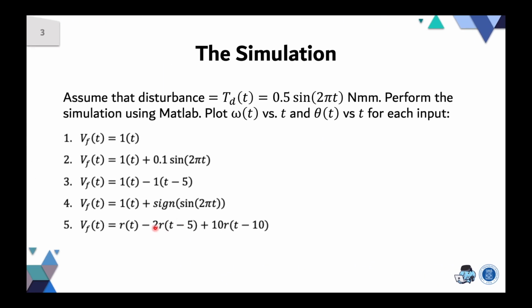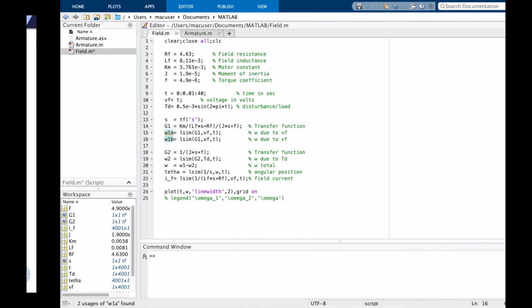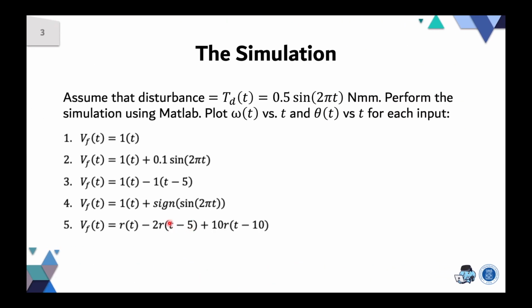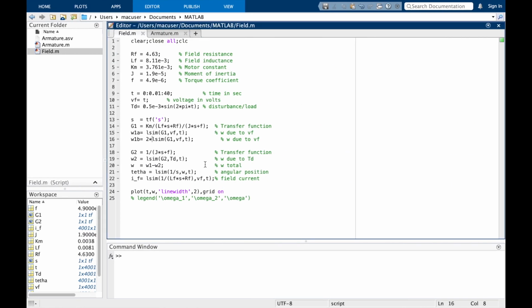This is 2 times, so I can put the 2 outside the simulation because it is just a constant, and the function is just the same as a ramp function, but delayed by 5 seconds. So what I need to do here is multiply this by exponent of minus 5s, right? The input is still VF.